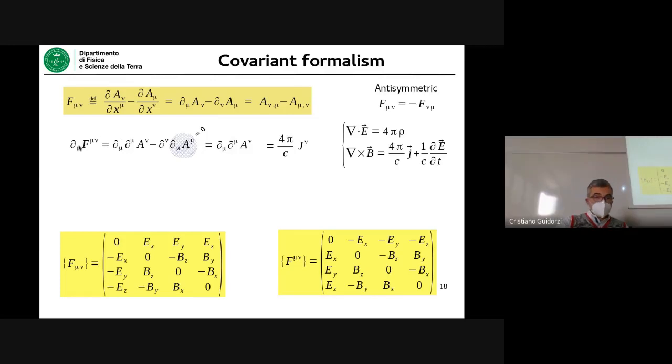So by using this guy equal to this, you have two Maxwell equations in a covariant way, because you have a full 4-vector, which is the result of the divergence of a rank 2 tensor, equal to a full 4-vector, Lorentz covariant.